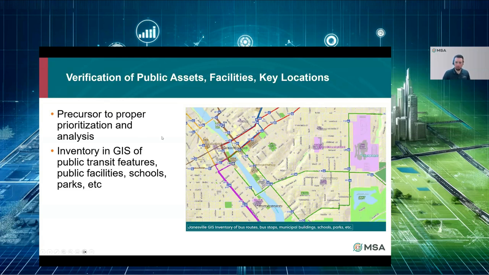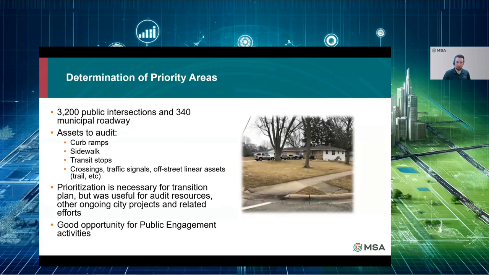Once we were able to get that into the map and correct any of those things, we moved on to our example of prioritization. We were looking at over 3,200 public intersections to cover, and they had about 340 miles of municipal roadway. They were looking specifically to run through those assets to audit curb ramps, being one of the major challenges.